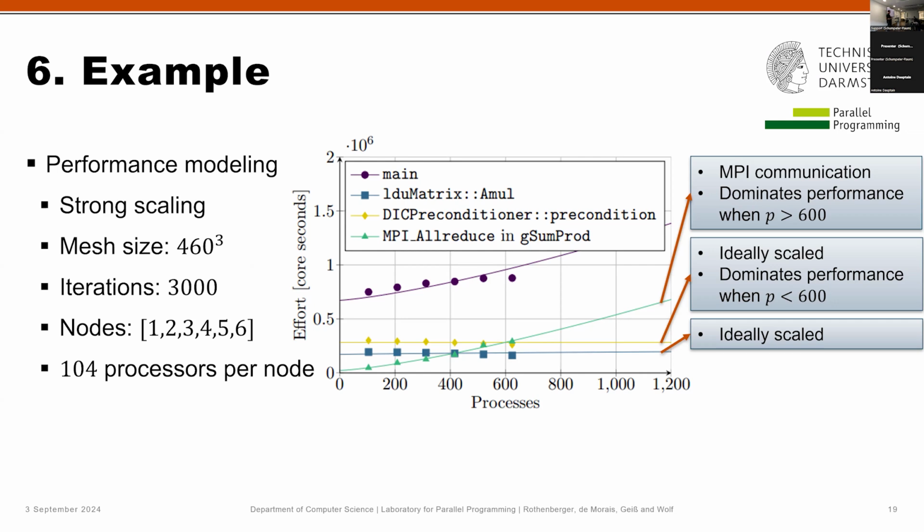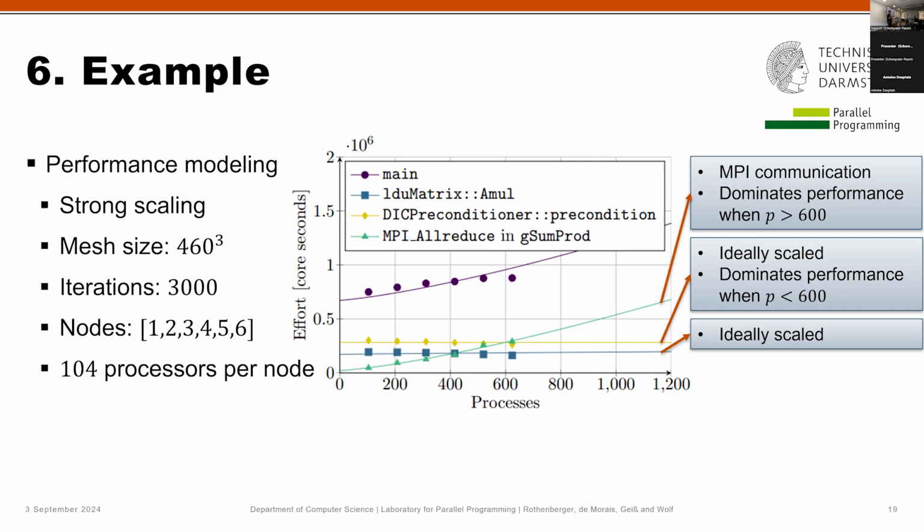So basically in the figure, you can see 4 functions. The first one is the main function. The main is the result of all the single functions that are inside. You can see that the performance of the main function takes a behavior similar to the MPI communication.